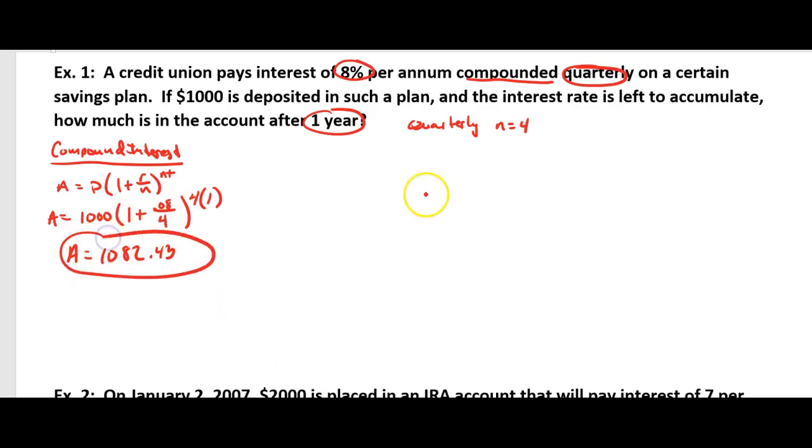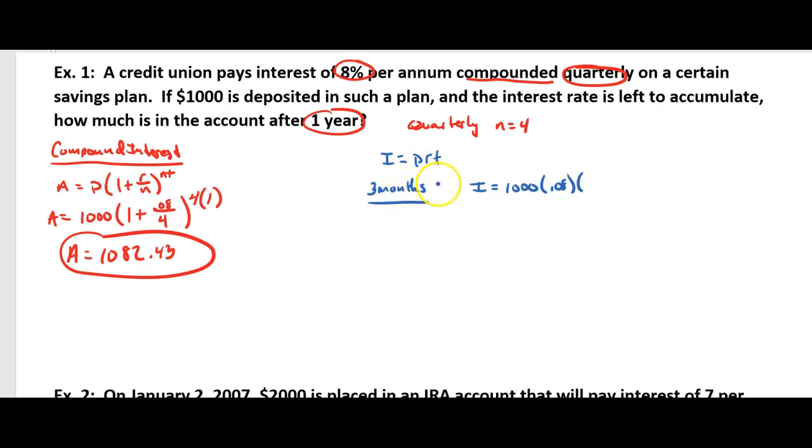All right. Now, here's the thing. What are they basically doing here when they're calculating this? There's something to be said about understanding what this compounding is. So if we use simple interest to figure this out, we know simple interest is I equals PRT. So in this case, for the first 3 months, the interest earned in that time period would be 1,000 times 0.08.